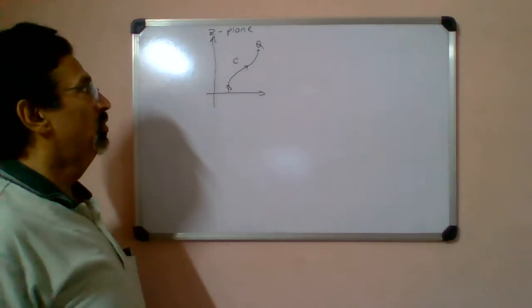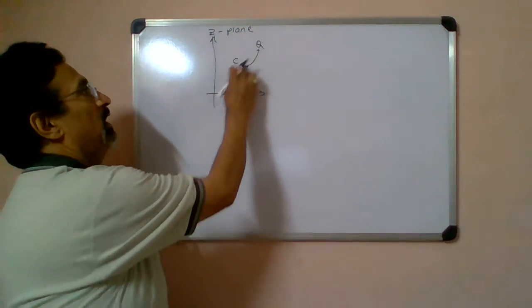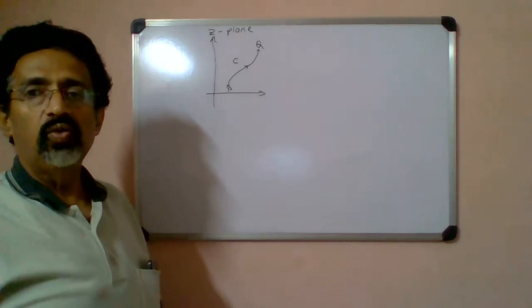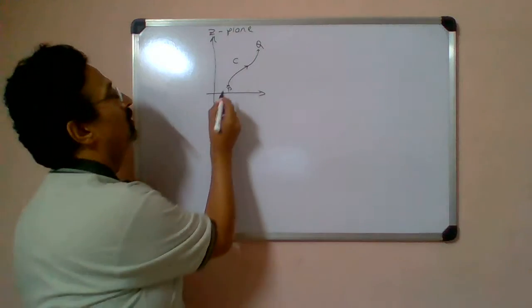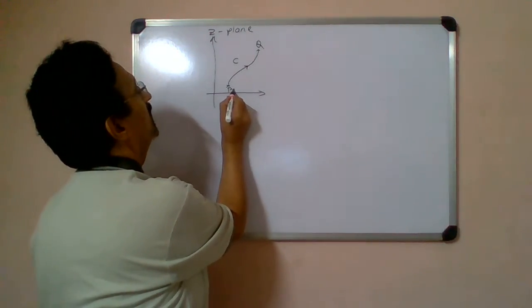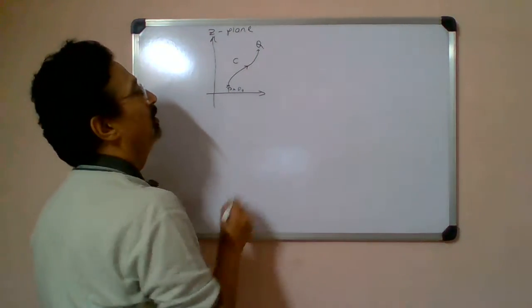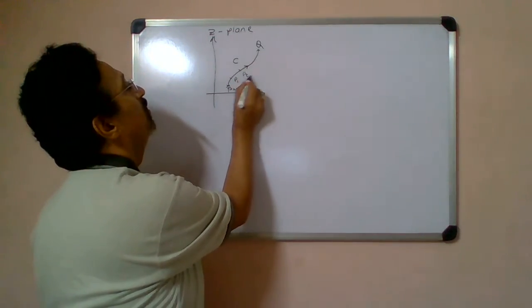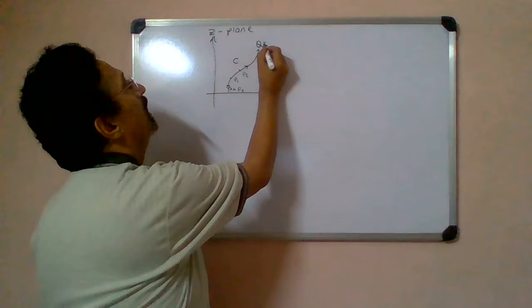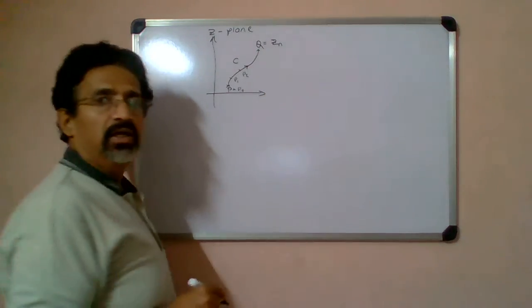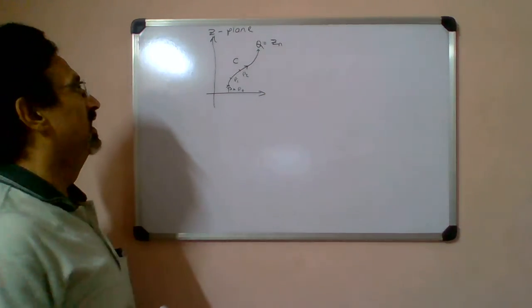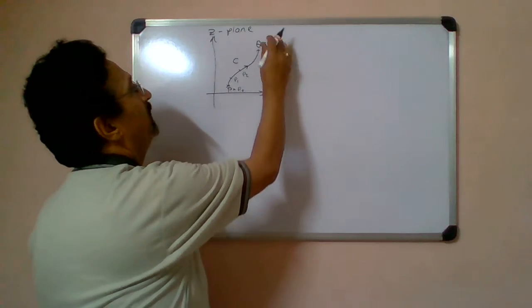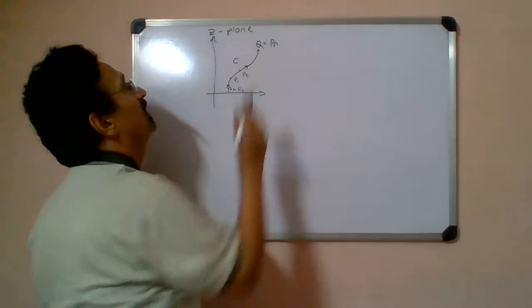Then I'm going to divide this curve PQ into n number of parts. So P is equal to P0. Then this is my P1, this is my P2, and so on. I consider the end point as Pn.